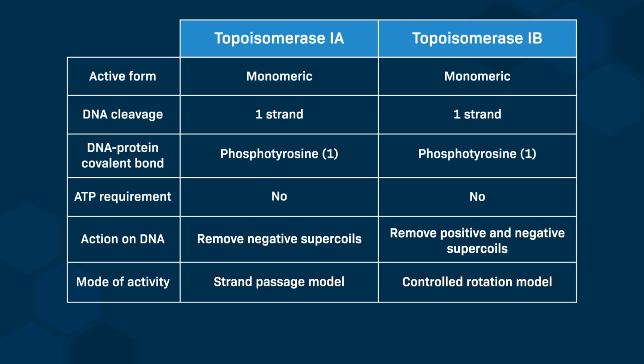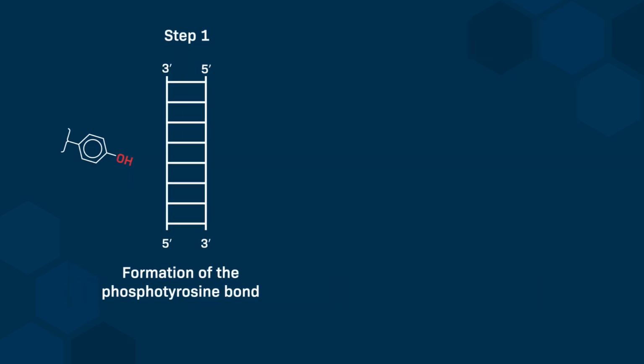Let's examine how topoisomerases 1A and 1B cleave a single strand of DNA. In the first step, the topoisomerase 1 enzyme binds to the DNA. The hydroxyl group of the catalytic tyrosine residue initiates an attack of a phosphodiester linkage in one of the DNA strands. The result is the cleavage of this DNA strand.